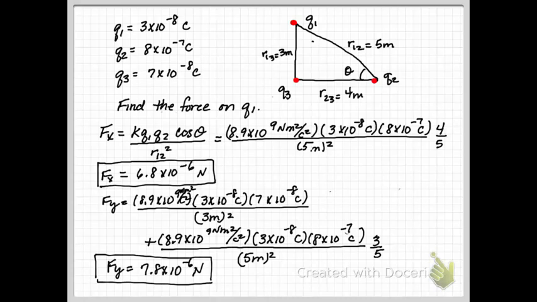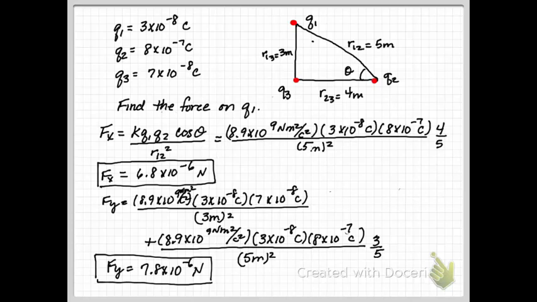Fx just has the one component from Q2, but you do have to take into account it's at an angle. That's where that 4/5 comes from, because that's cosine of theta. Then find the value for Fx. And then Fy, you're going to have two pieces to that, one from Q3 and the other one from the component from Q2.